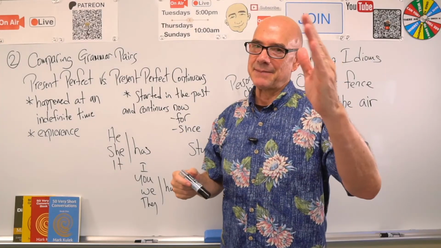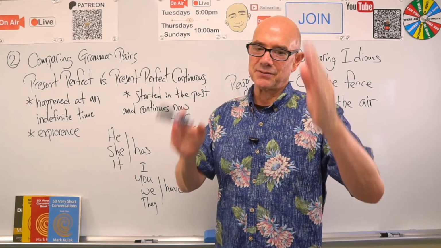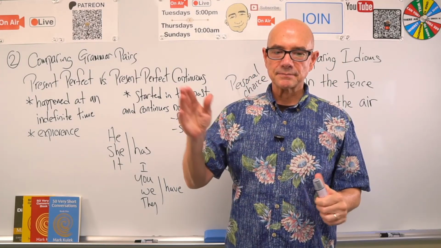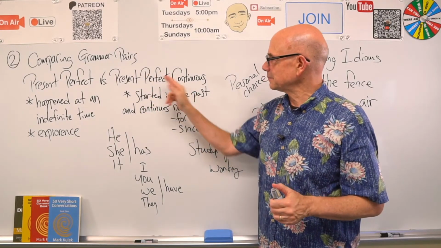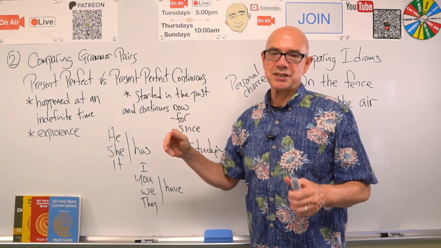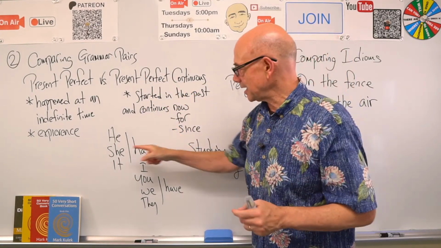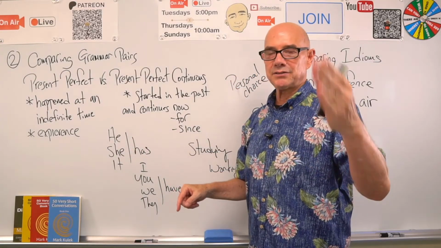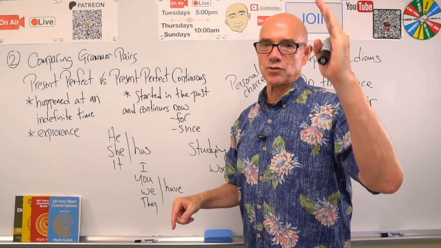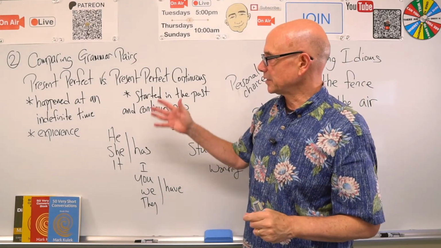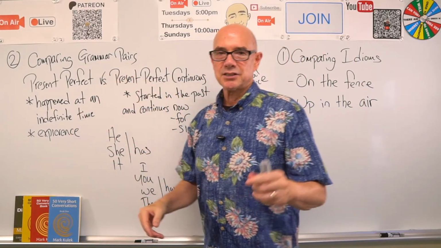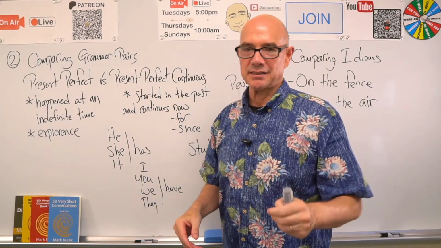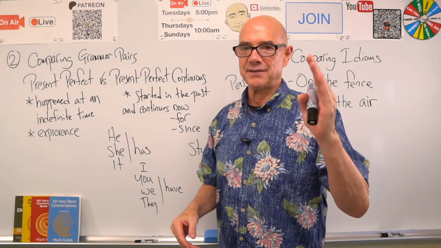So it can mean the same thing, but we're using different words. For example, for present perfect continuous, she has been going to the same cafe for years, right? Or if we want to say experience, she has gone to the same cafe for years.